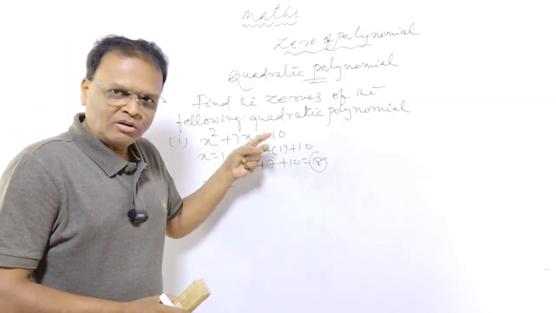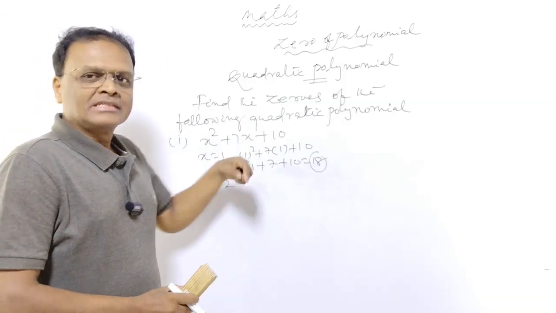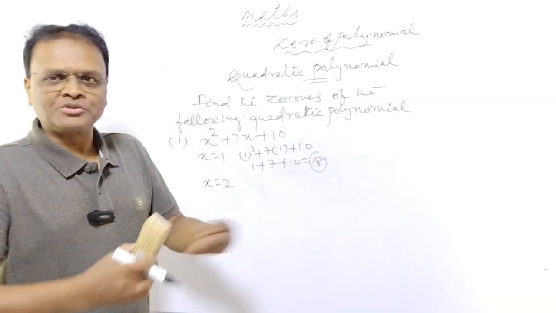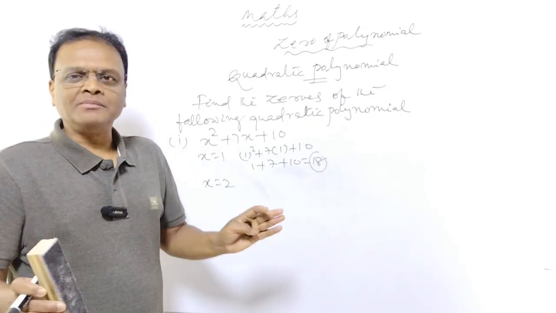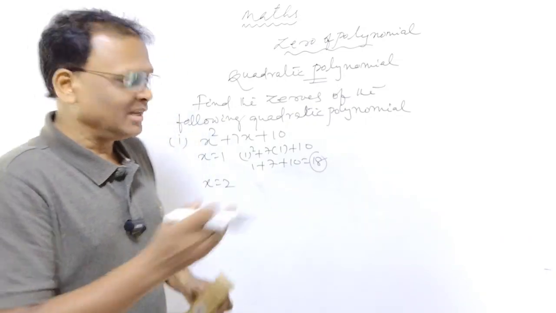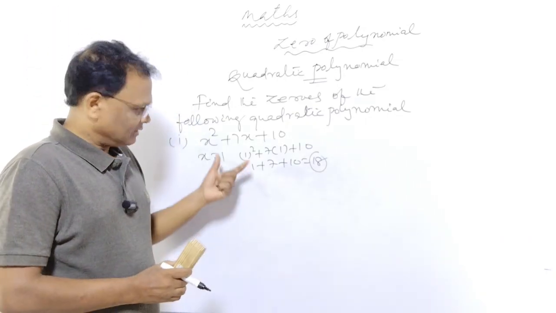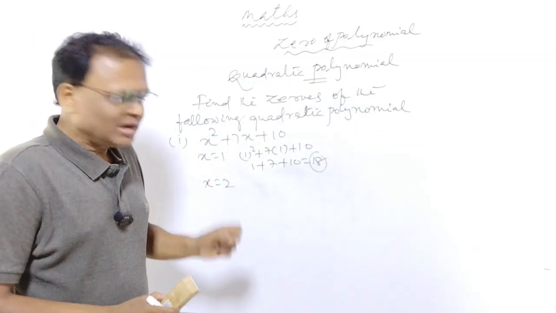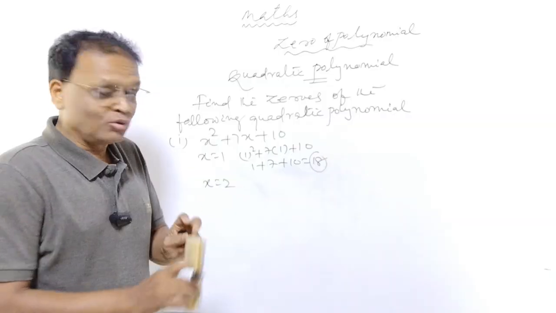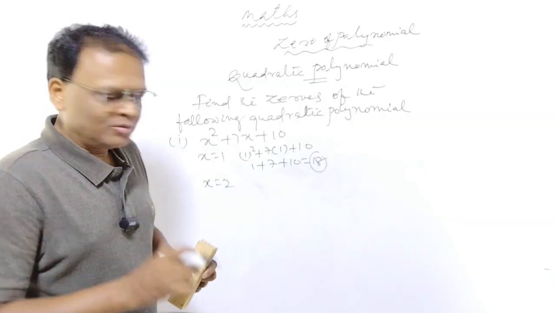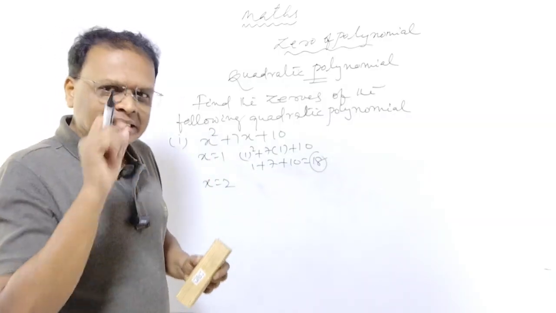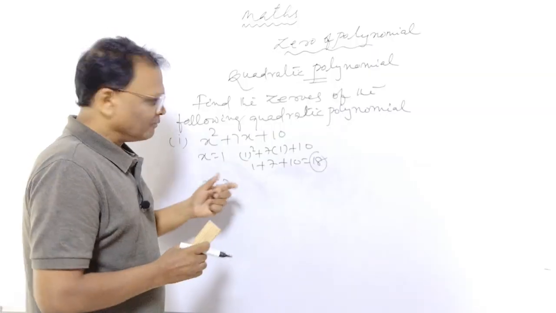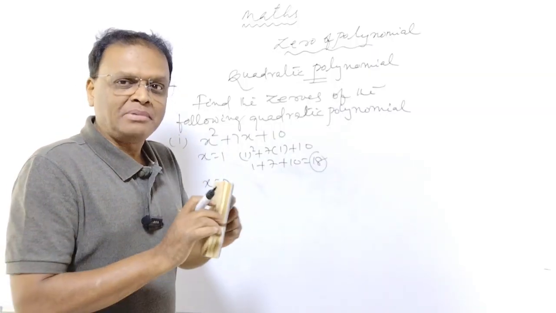Instead of doing all these lengthy methods, x equals 1, x equals 2, x equals 3, it will take sufficient time, and there is no guarantee that at any one instant we are going to get a 0. So therefore, to get the exact value of x, we have to use one method which is called the splitting method.